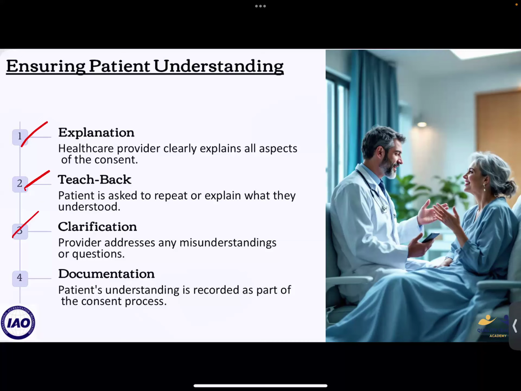Clarification: addressing any misunderstandings and questions. Documenting everything that was said, recording all notes and agreements, and sending all information to the client. We must ensure that there is no misunderstanding at all, because in the end, you must document all informed consent information.